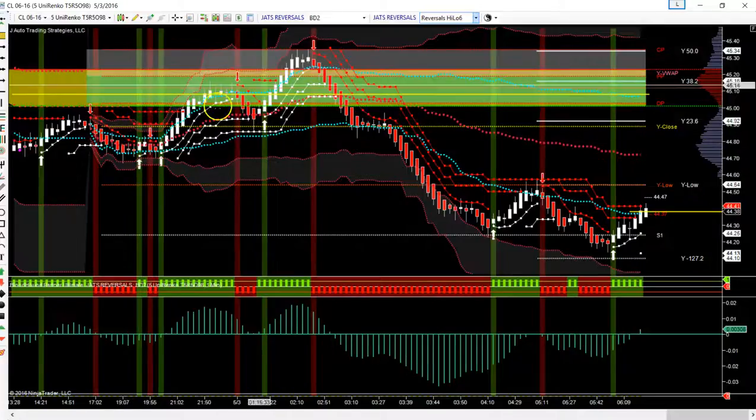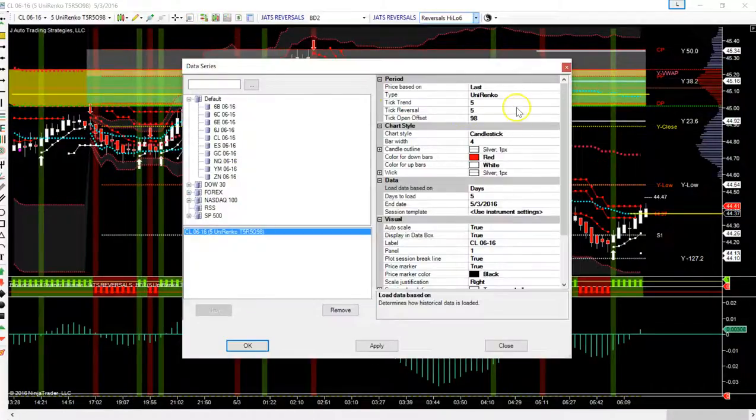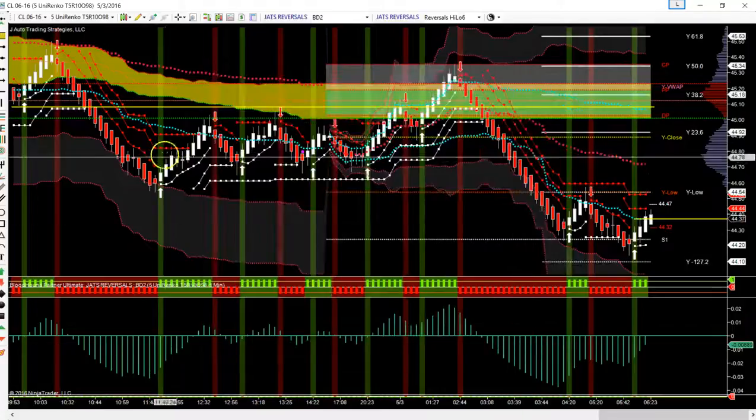and recognizing that the higher you put your bar, I'll just show you the evolution of this, the better trades that you're going to get.